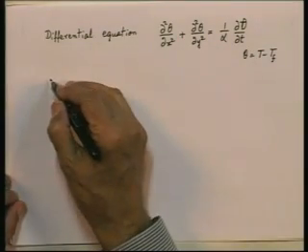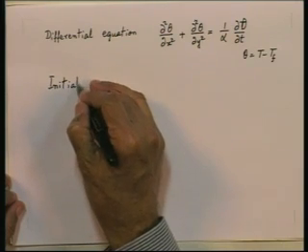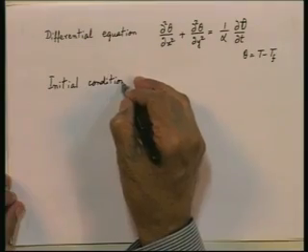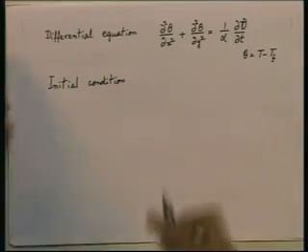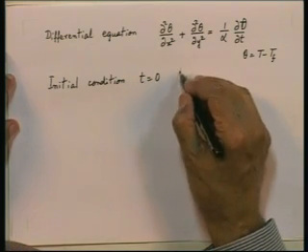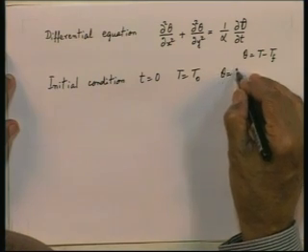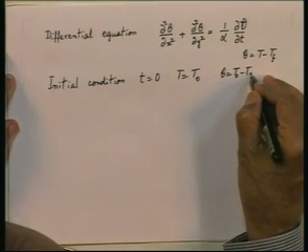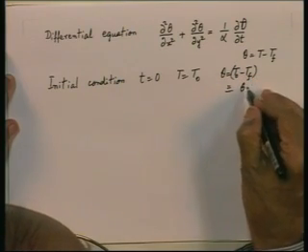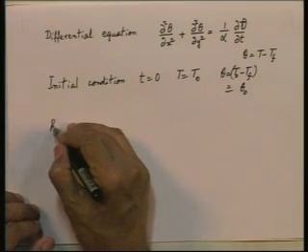We have to solve this differential equation subject to the initial condition at time t equal to 0, T is equal to T 0 or theta is equal to T 0 minus T f, which is nothing but theta 0. And the boundary conditions will be as follows.